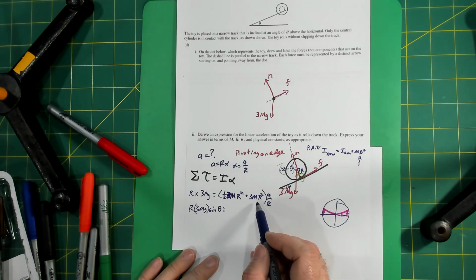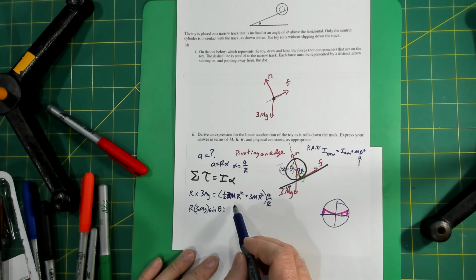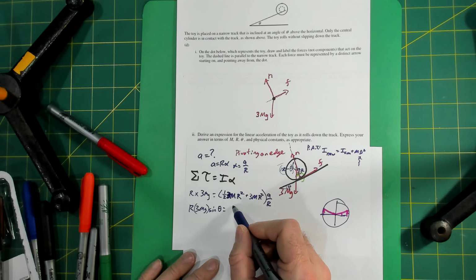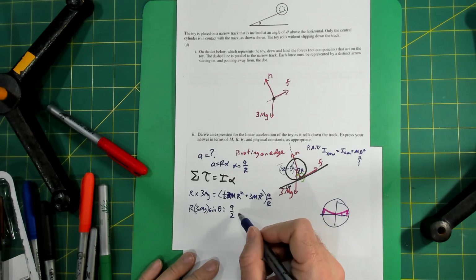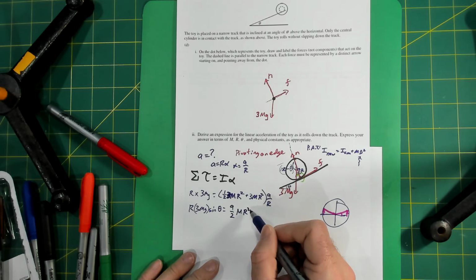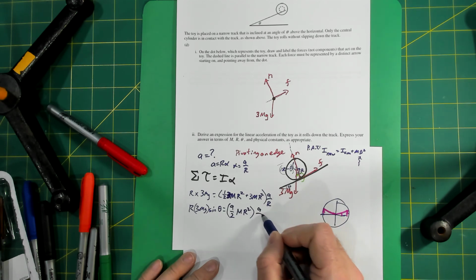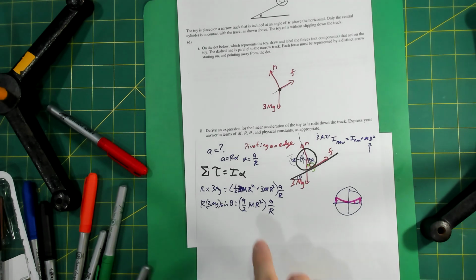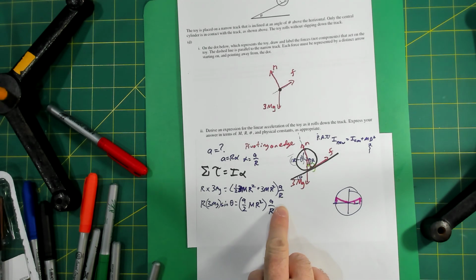We got 3 mr squared, and then this is what, 3 halves mr squared? So it's like 1.5 plus 3, that's 4.5, which is 9 halves. Sure, I'll just do that for now. Mr squared, A over R. So now I have an equation that has actually just the variables I want and A.